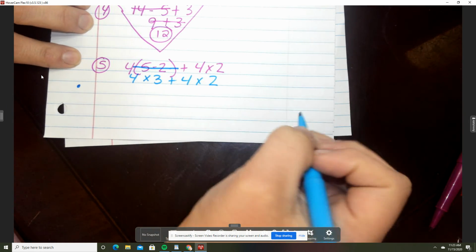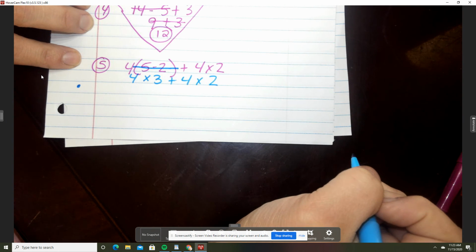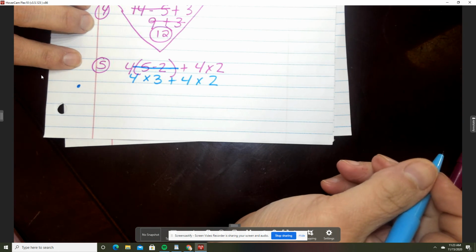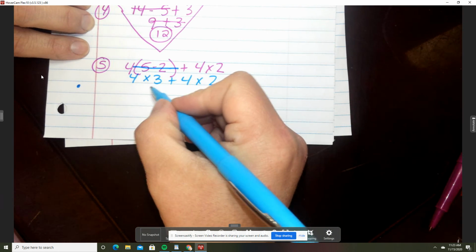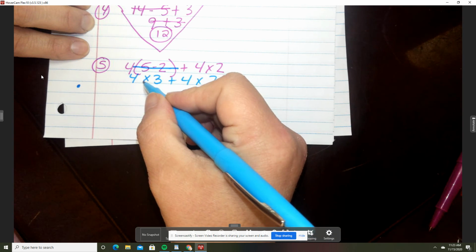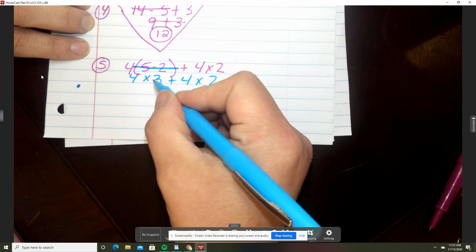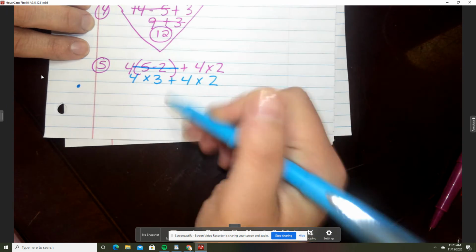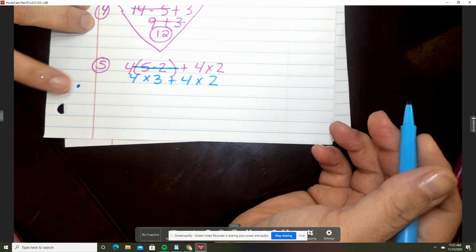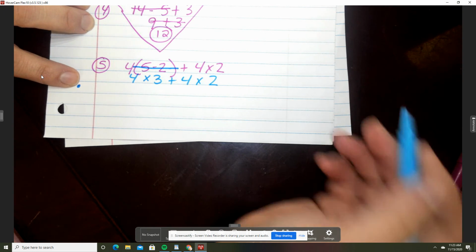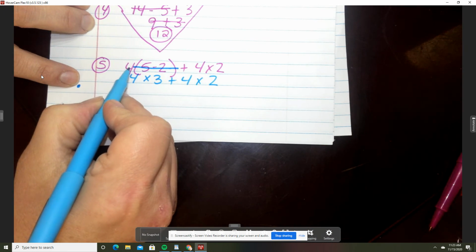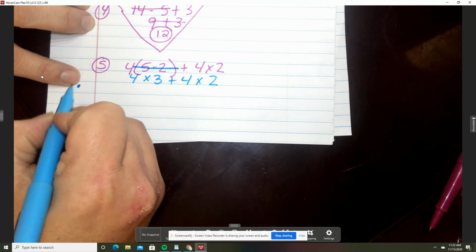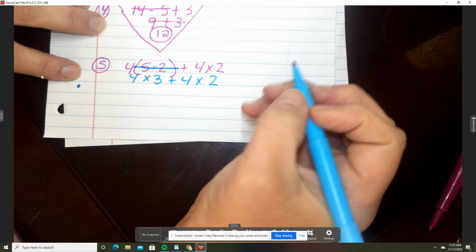Those are just the things you see when you get into a little bit higher math, because when you get into algebra, they use variables, which are letters, and sometimes x's can be in equations. So they do a dot sometimes for multiplication. So when you see a number beside a parentheses or you see a dot, that is multiplication.